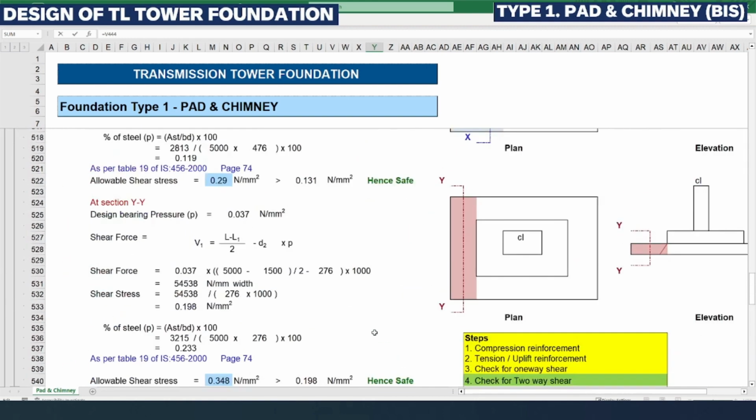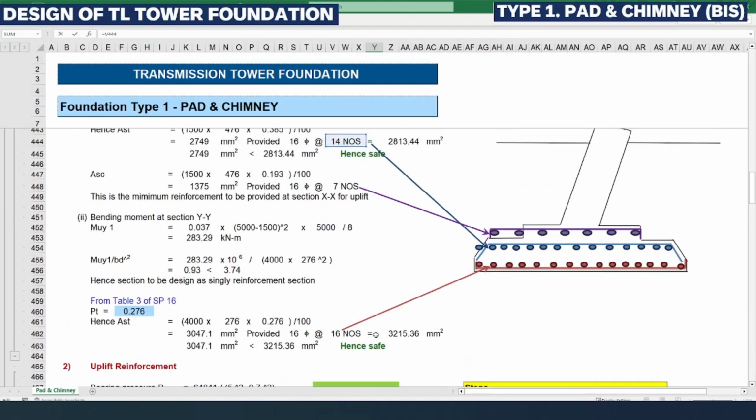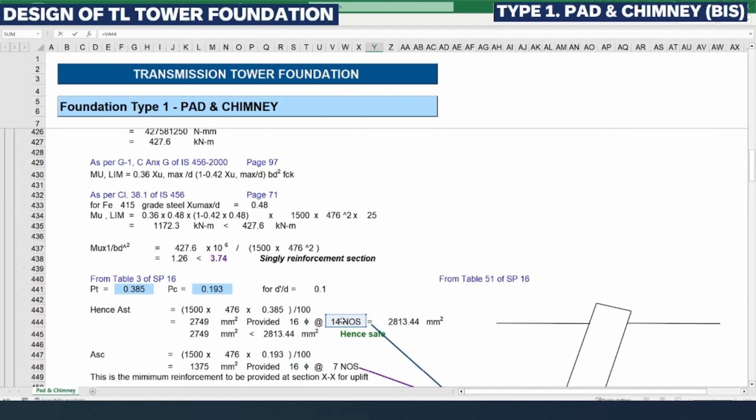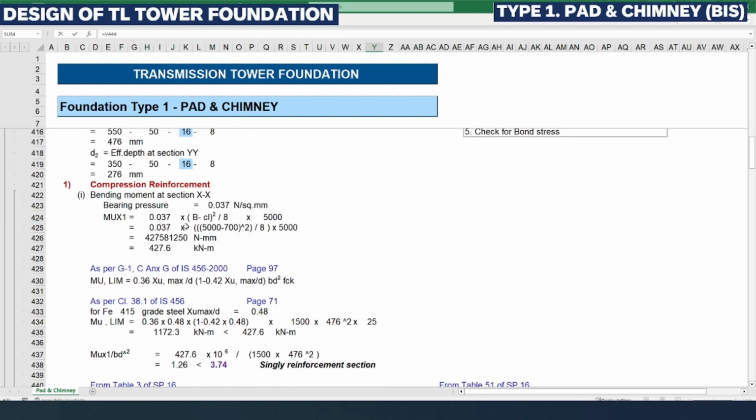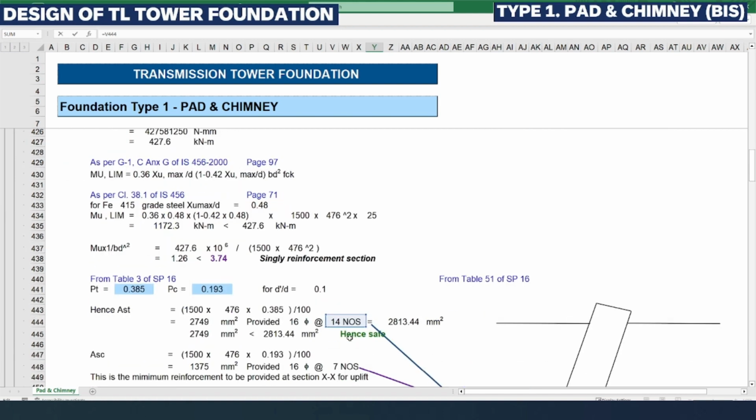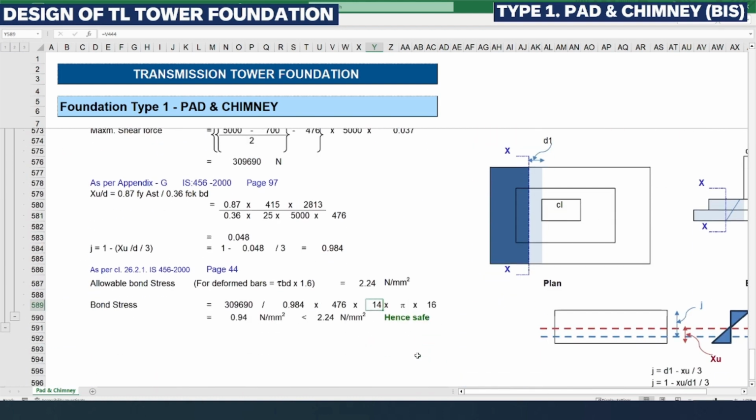We are providing 14 bars here, which we calculated in our last video, where 40 numbers are required for compression reinforcement at section XX. So that we are considering here, and pi d. This is simply the equation: pi d into d multiplied by the shear force. Now we can find the bond stress as 0.94 Newton per millimeter square.